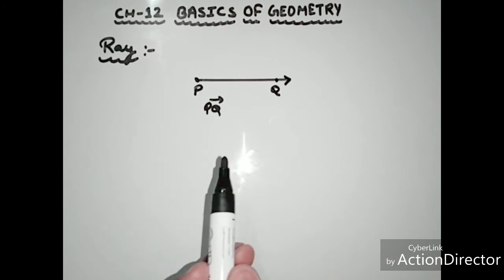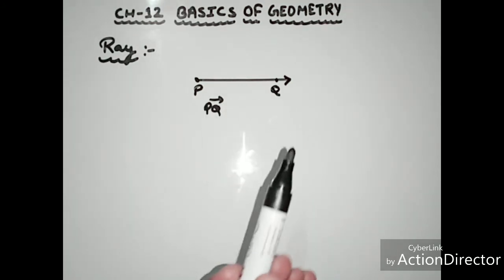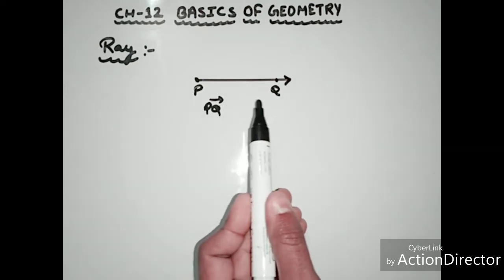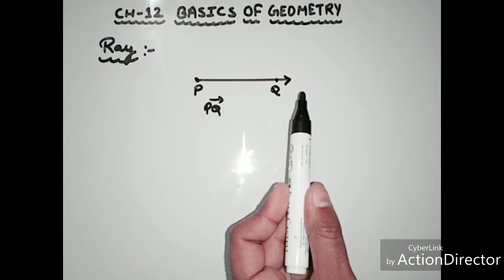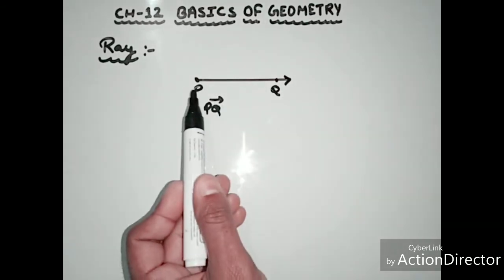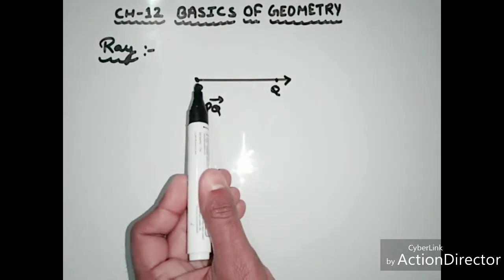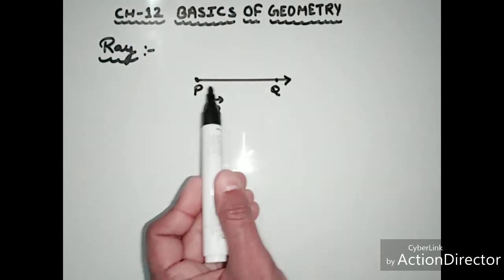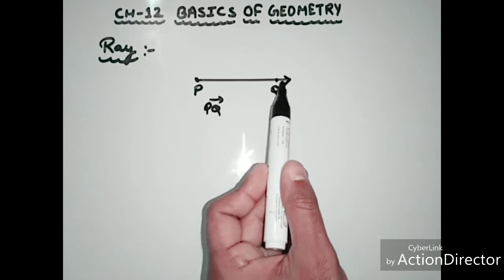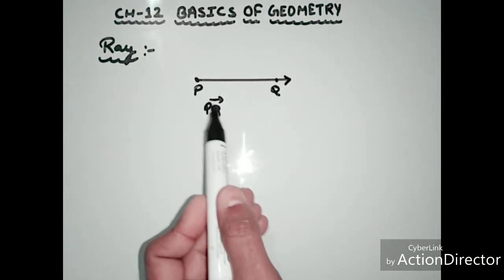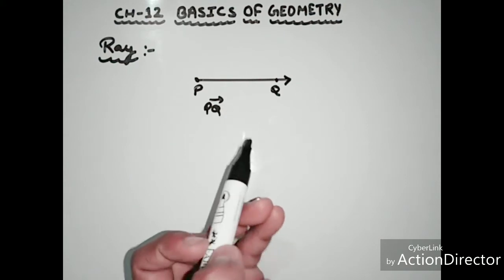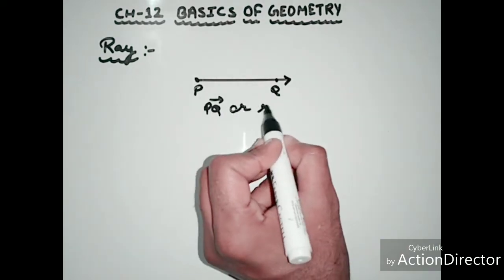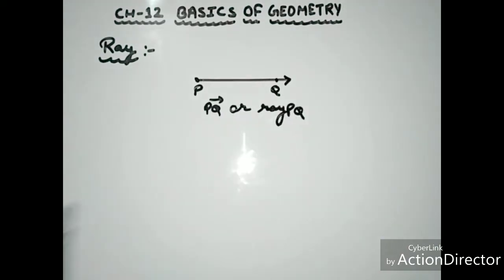Now ray. A ray is a straight path that has one endpoint and goes on and on in one direction. Here we take 2 points, point P and Q. A ray has only one endpoint, so P is the endpoint of this ray and it goes in only one direction, and here we take point Q. So the name of this ray is ray PQ.